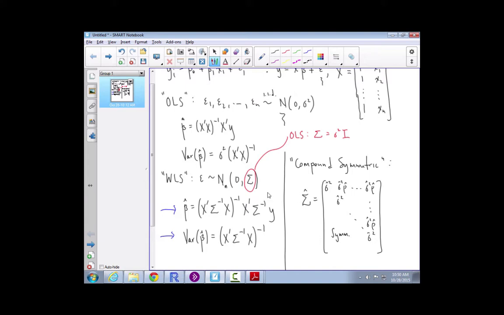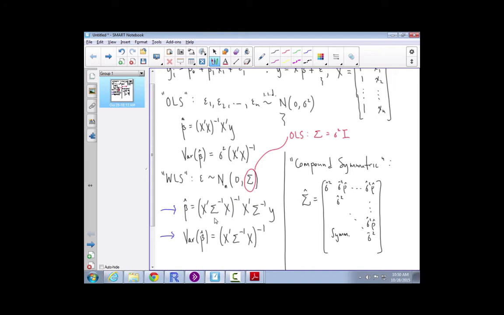And one way to deal with it, like in this weighted least squares example that we talked about, GLS needs to estimate sigma because that's what it uses to do all the estimation and standard error calculations. So it needs an estimate of sigma. How can you estimate sigma?